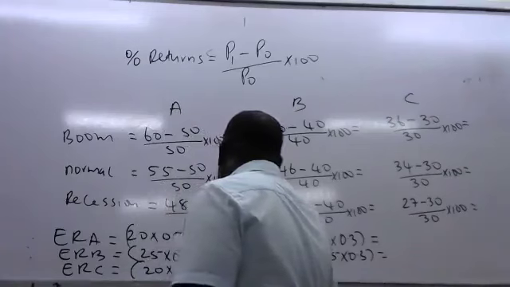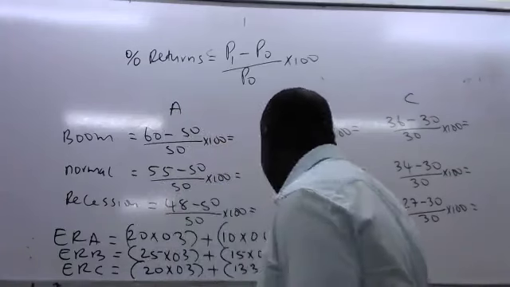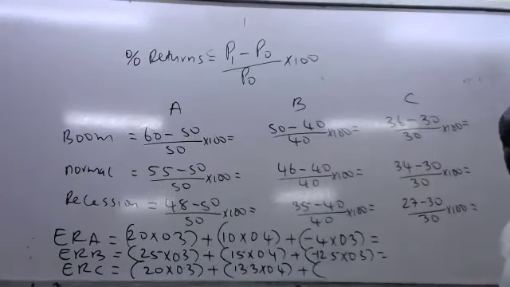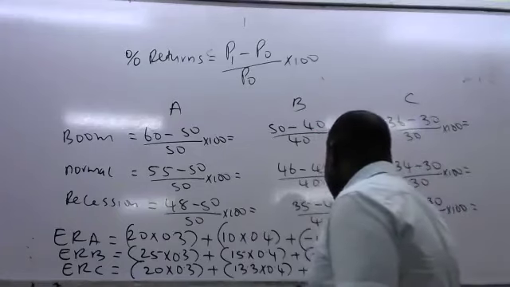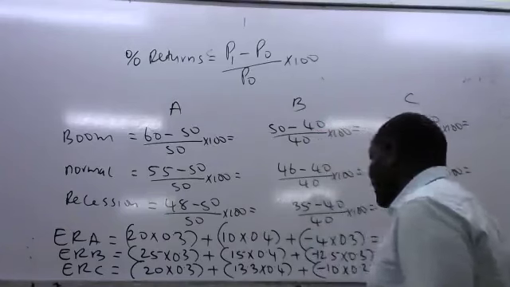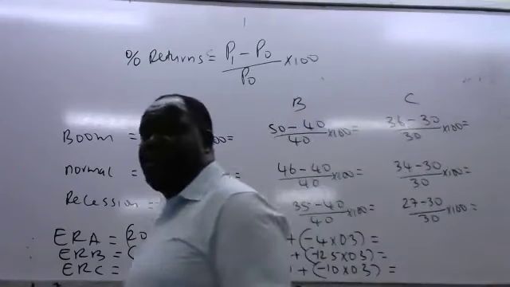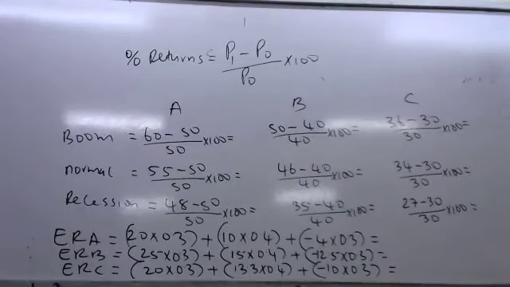So times 0.4. Then this other, the last one was which figure? -10. Times 0.3. So that will be the expected rate of return for each one of them.